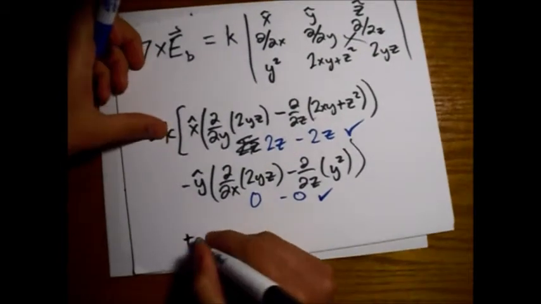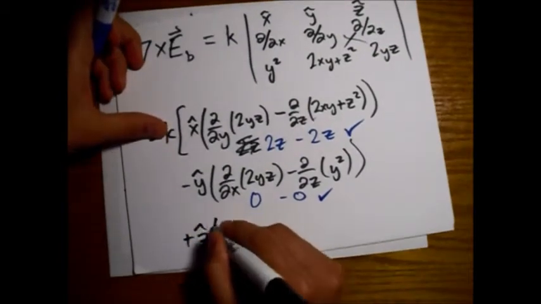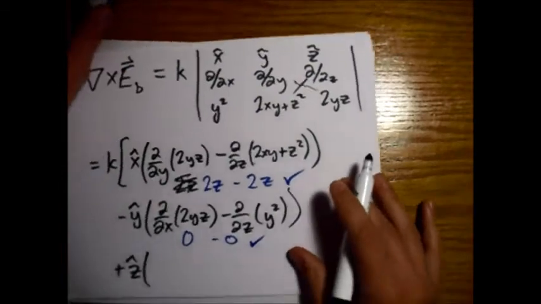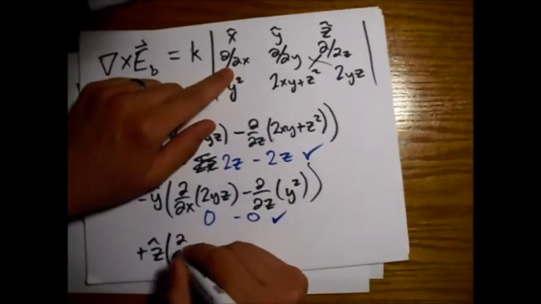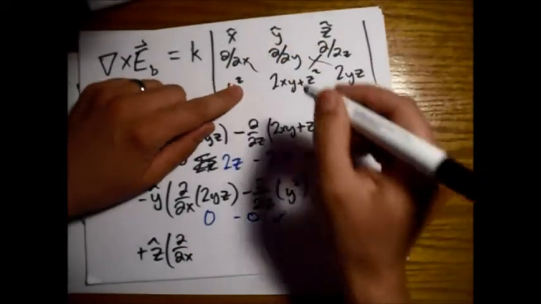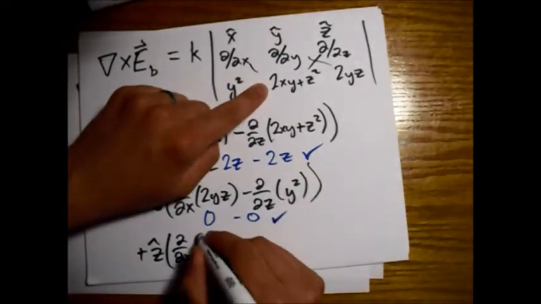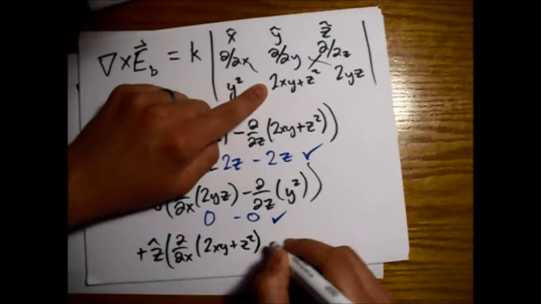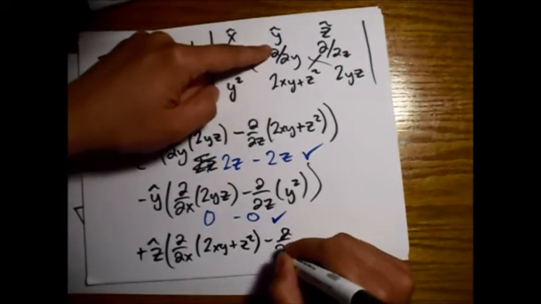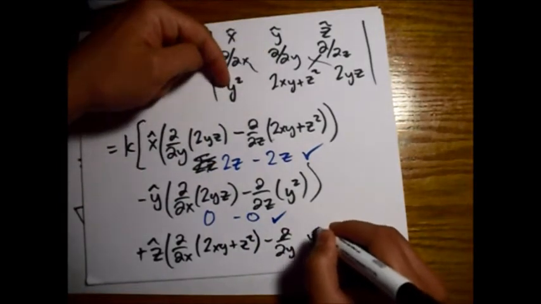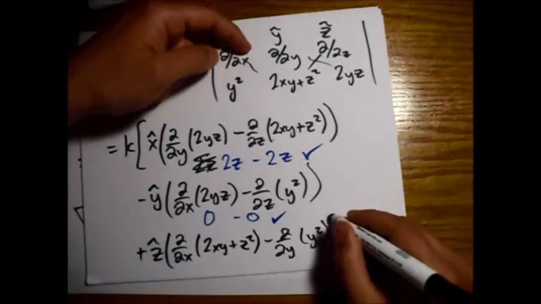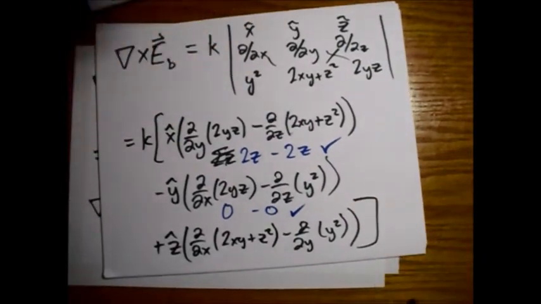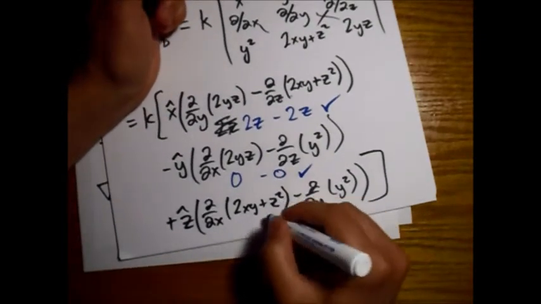And our final one, z hat. Okay, we have d by dx of 2xy plus z squared minus d by dy of y squared. Alright, now that term will be 0.